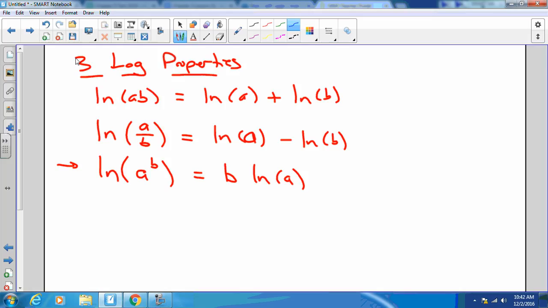And in fact, that is the reason that logs were invented to begin with. John Napier created an entire table of logarithms by hand so that people everywhere could take a multiplication problem and use a log table to solve it simply by adding, to take an exponent problem and solve it using a log table by simply multiplying.